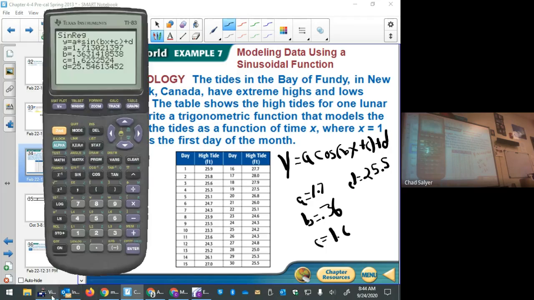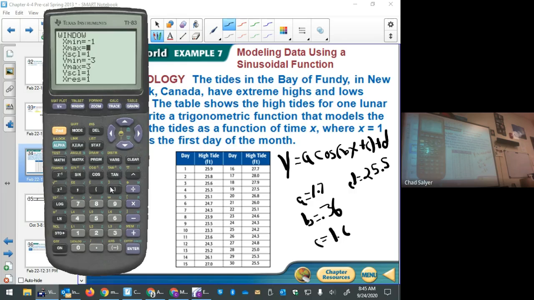So let me try this, the function they found. So if we go to VARS, statistics, equation, and regression equation, and then we'll go up here and turn that plot on. And then I'm going to set my window up. I want to go from -1, let's say, to about 30.